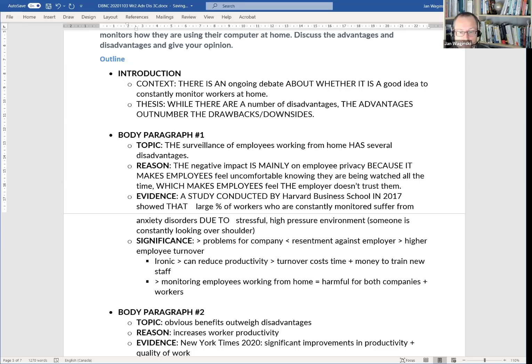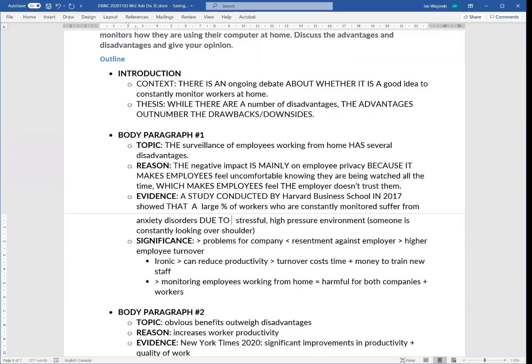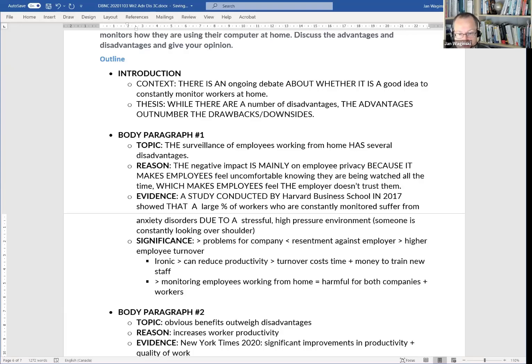A study conducted by Harvard Business School in 2017 showed that a large percentage of workers who are constantly monitored suffer from anxiety disorders due to the stressful, sure. In this case, the or a both work. Due to a stressful high pressure environment.